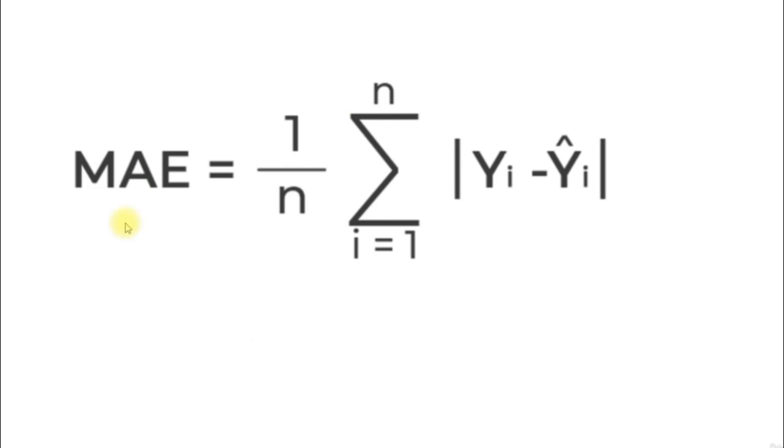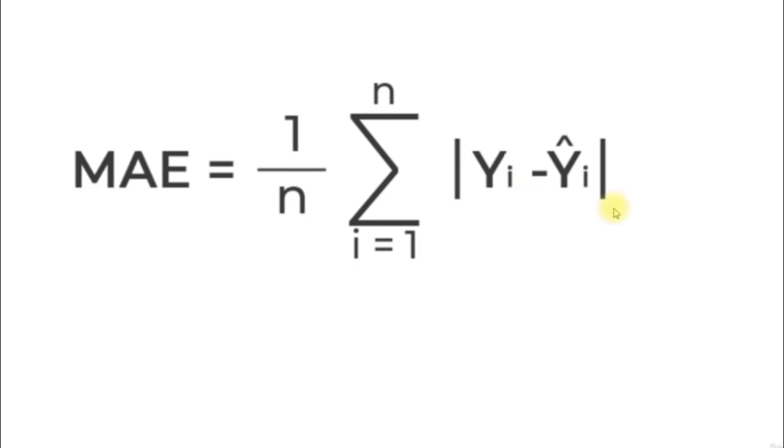Now MAE, which is an important metric for evaluating your regression model. As seen by the formula, it is very simple. You subtract the value predicted by your model from the actual value. Let's say your model predicted the sales forecast of 100, but actually it was 95.